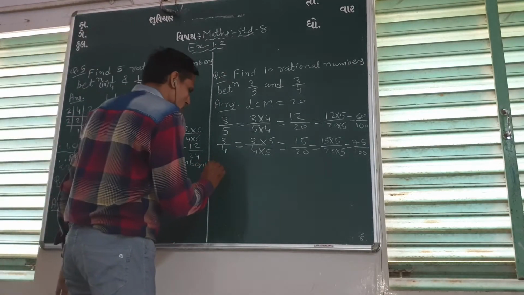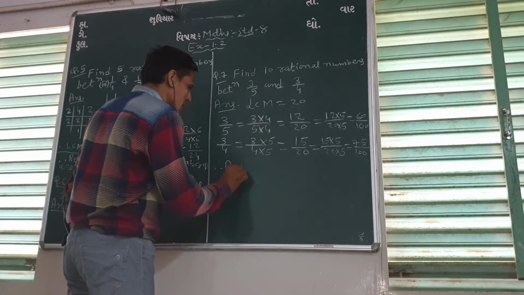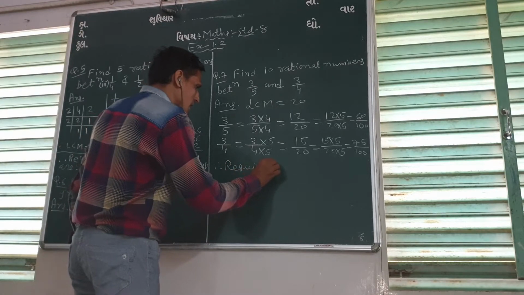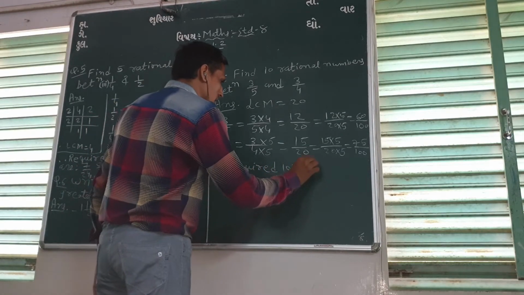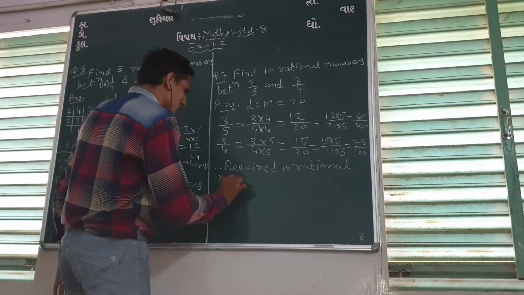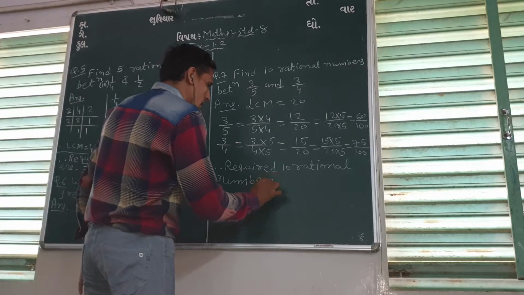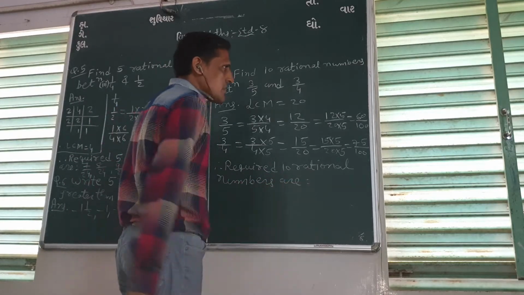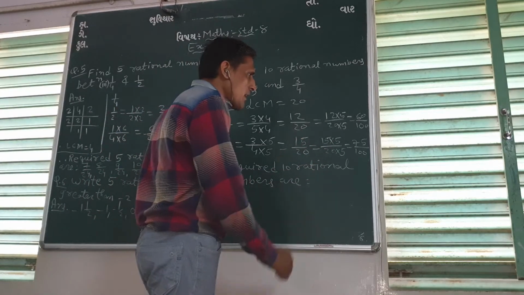So you can write the required 10 rational numbers. After 60 what will come?